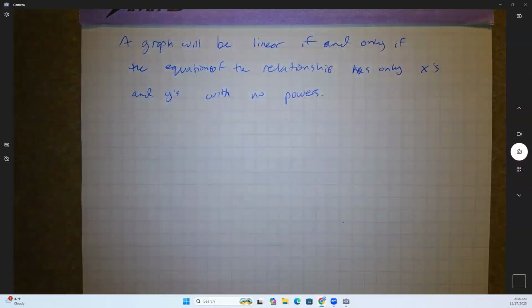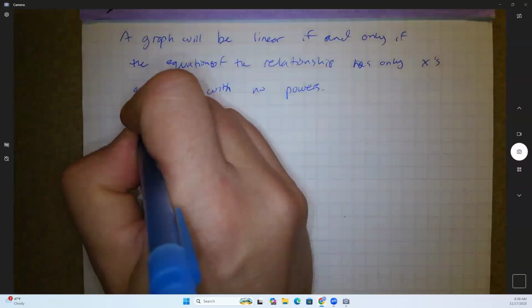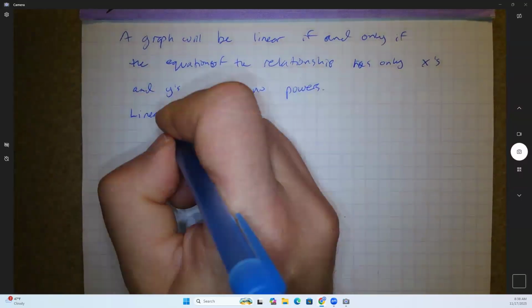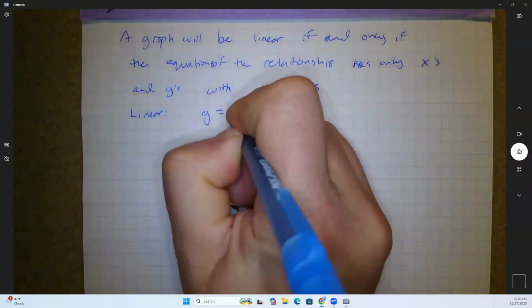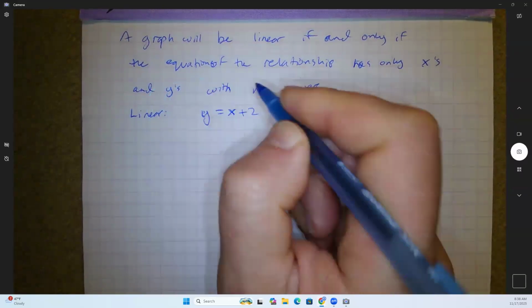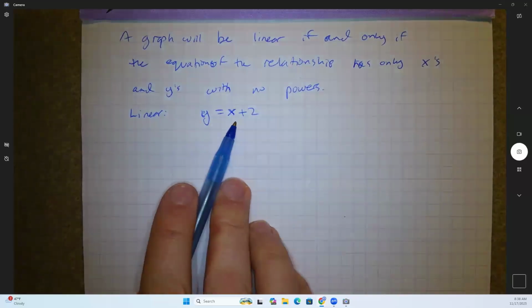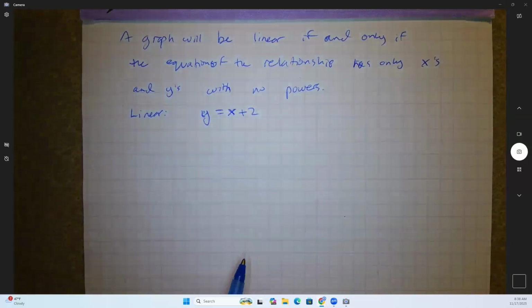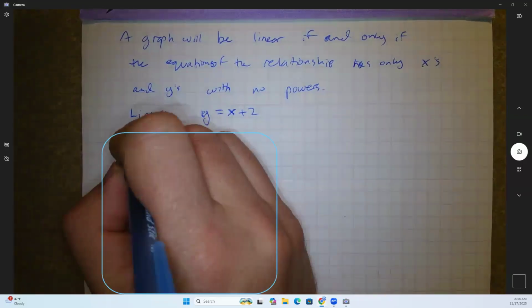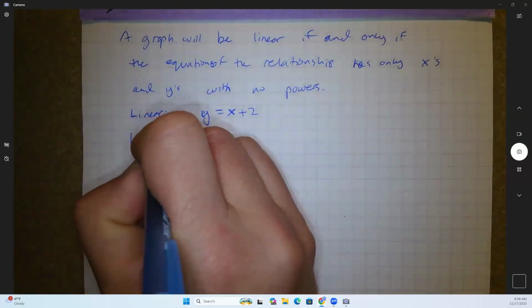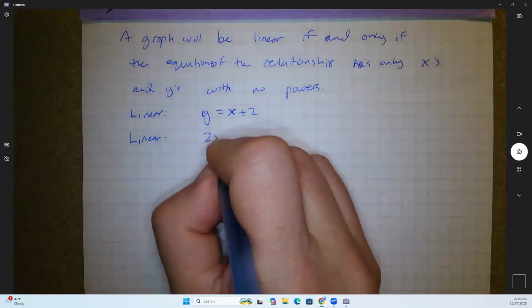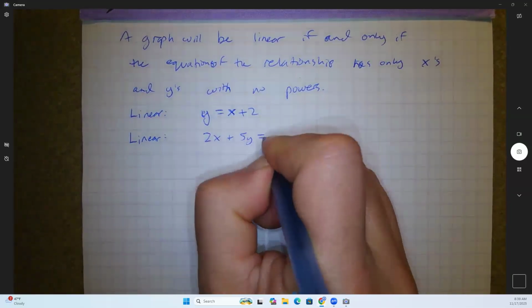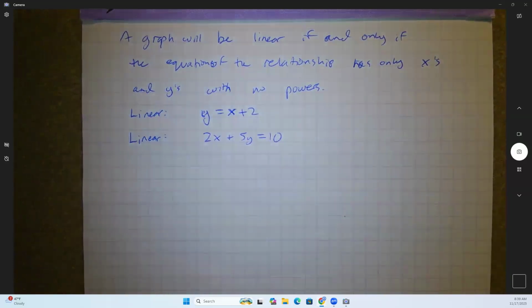For example, linear might be something like y equals x plus 2. And there's no power on the y, there's no power on the x. Another linear one might be 2x plus 5y equals 10. No power on the y, no power on the x.